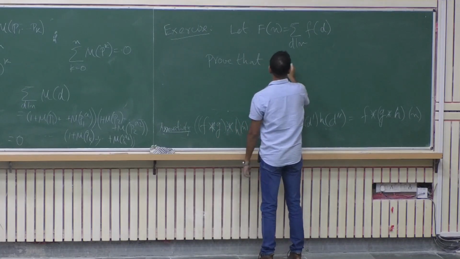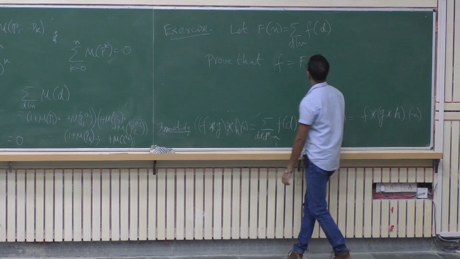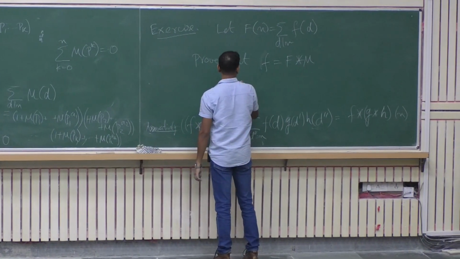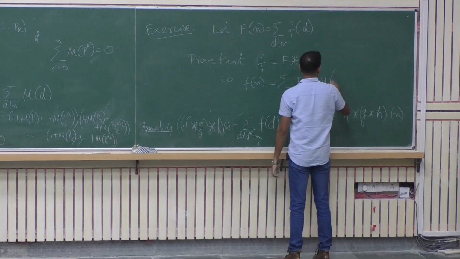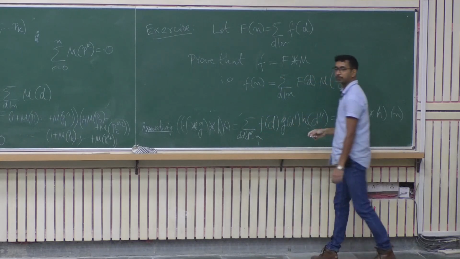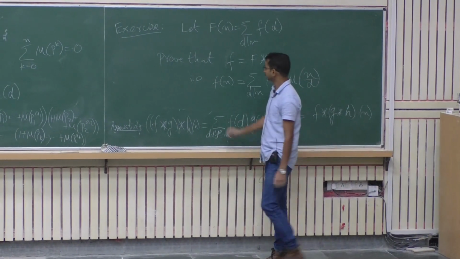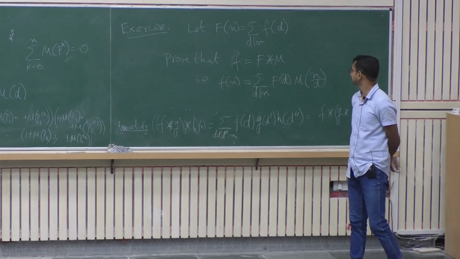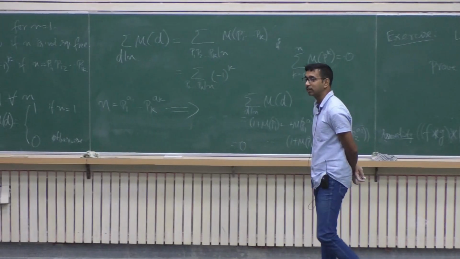Prove that f is equal to F star mu, that is, f of n is equal to the summation over d dividing n of F of d times mu of n by d. And it's a very short exercise because we have everything that we require for this.